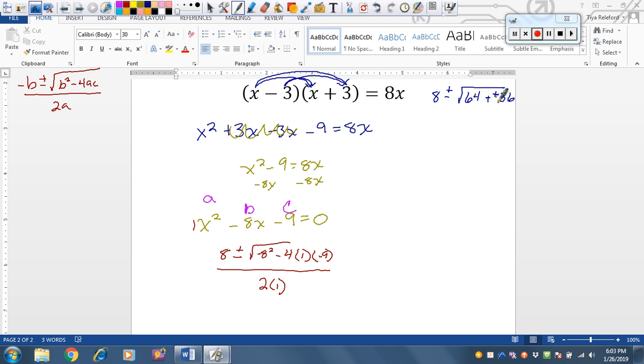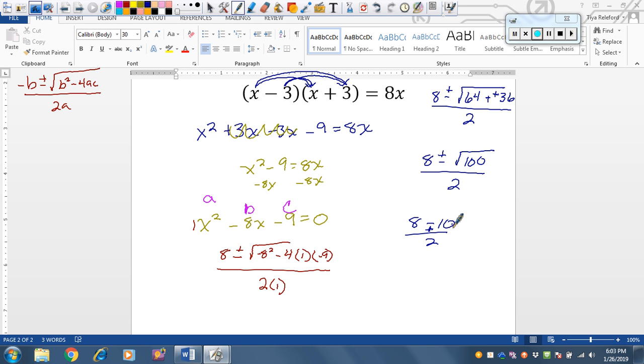I do this. I say boom, boom. So we have 64 plus 36 is what we have. Right? Because minus a negative. And then you have 2 times 1. So you have 8. 64 plus 36 is 100. So you have 8 minus 10 divided by 2. Sorry, plus or minus.